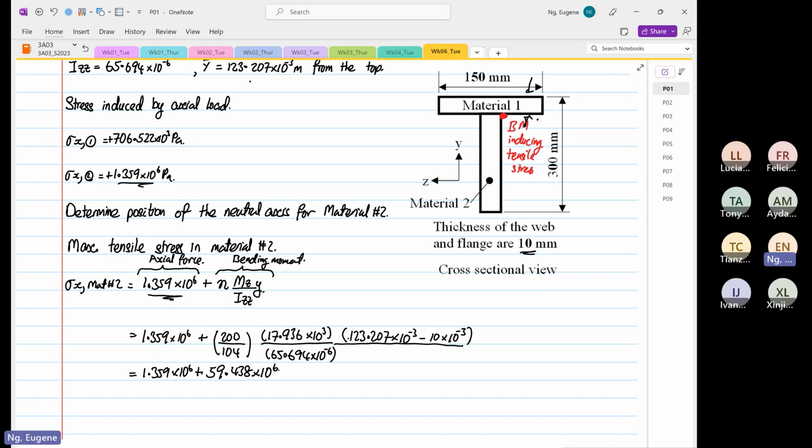So this will give us a maximum tensile stress of 60.797 times 10 to the power 6 Pascal. Okay, so this is the maximum tensile stress for material number 2.